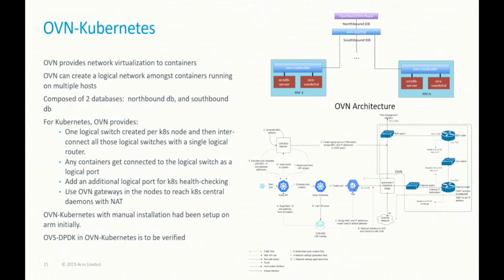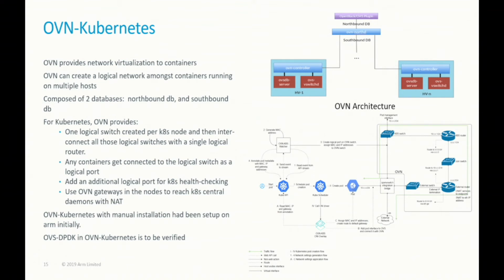First, a logical switch created per Kubernetes node, and then it interconnects all these logical switches with a single logical router. Any container gets connected to a logical switch as a logical port. It adds an additional logical port for Kubernetes health checking. And it uses an OVN gateway in the nodes to reach Kubernetes central daemons with NAT.